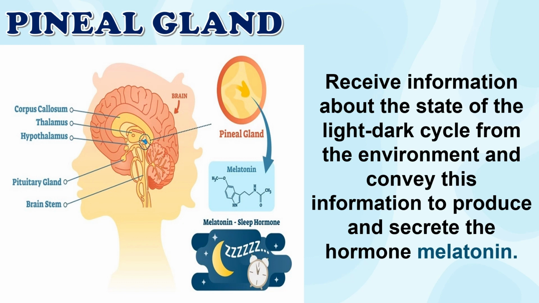It receives information about the state of the light-dark cycle from the environment and conveys this information to produce and secrete hormones like melatonin. Melatonin is our sleep hormone from the pineal gland, which sends a signal to our brain that it is time to sleep, because it knows the light and dark cycle of our environment.